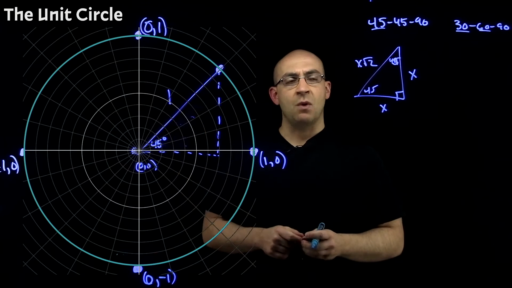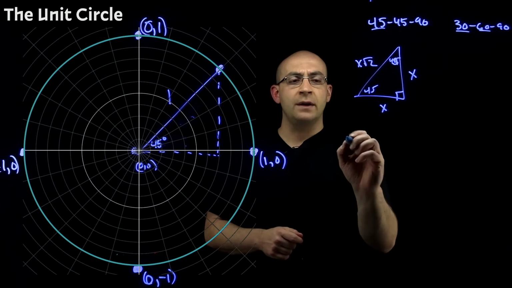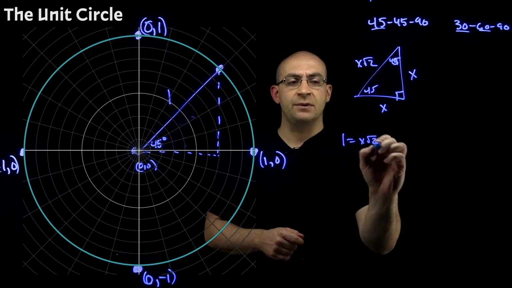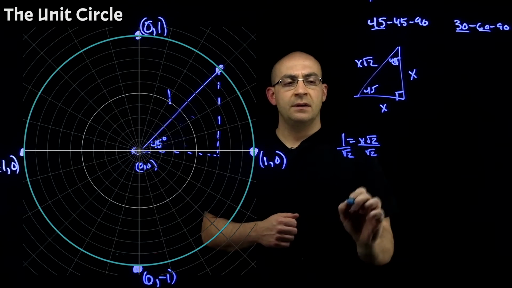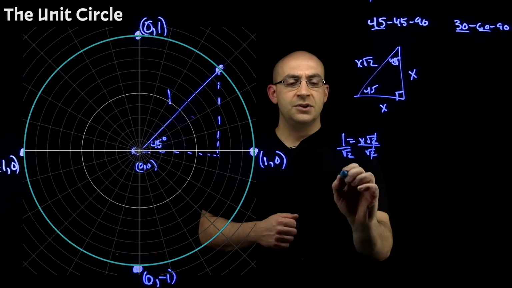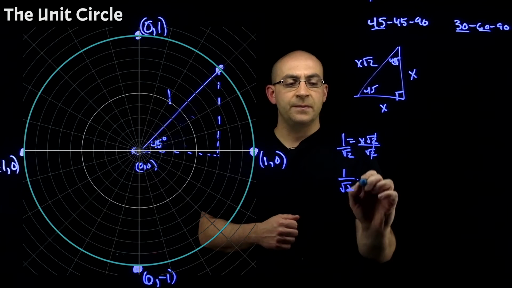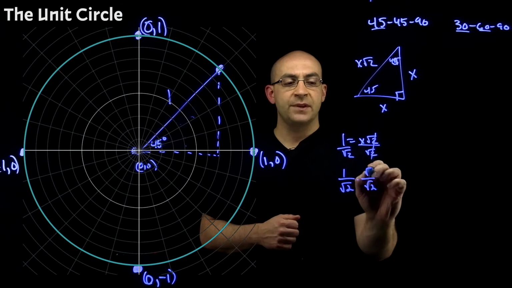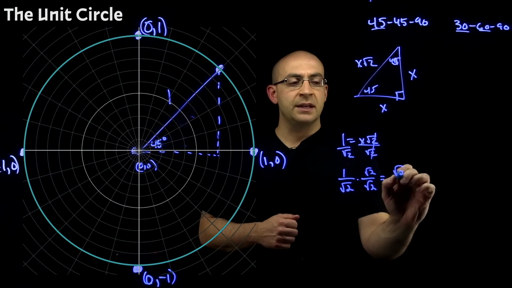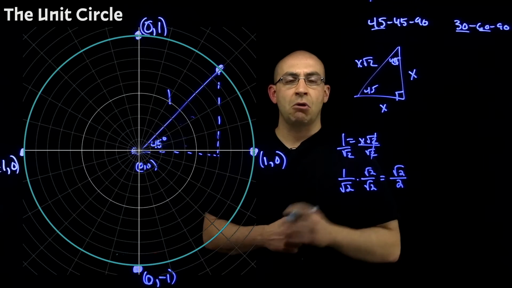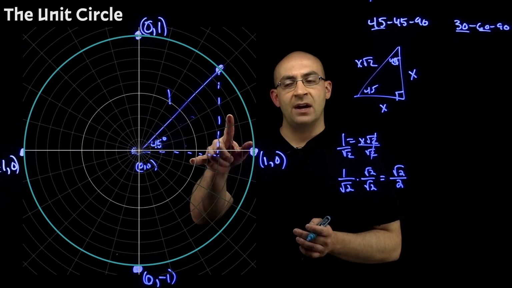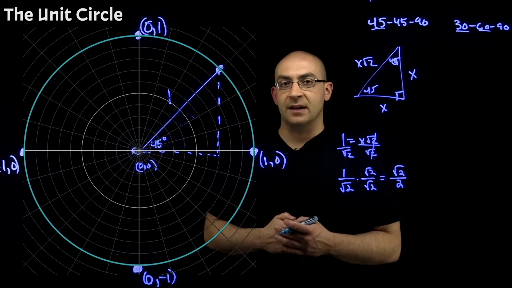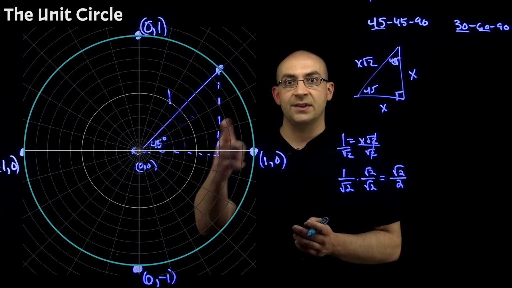The hypotenuse is 1. So if 1 equals x root 2, let's divide to solve for x. So 1 over the square root of 2, we have to rationalize the denominator, root 2 over root 2. That's going to give us root 2 over 2. Huh. Well, remember that in a 45, 45, 90, both of these side measurements need to be the exact same distance, both x and x.